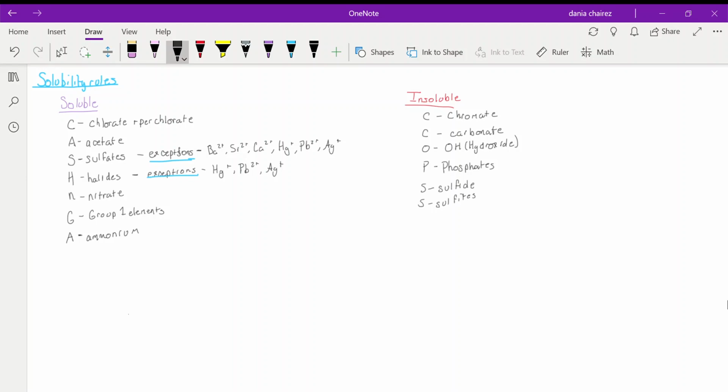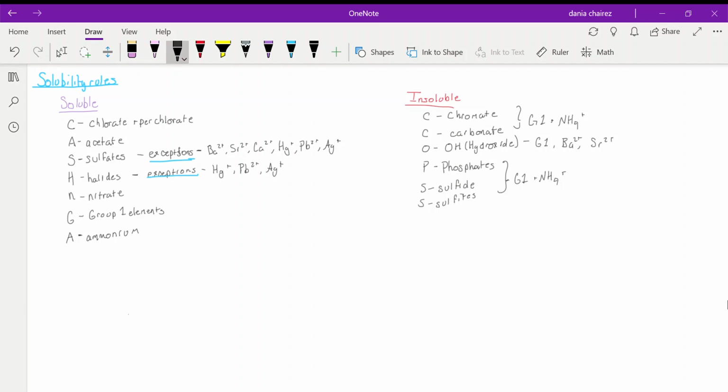So your insoluble compounds are not soluble in water, with the exception of group 1 and ammonium for all of them, except for your hydroxide. The exceptions for hydroxide are group 1, barium, and strontium.